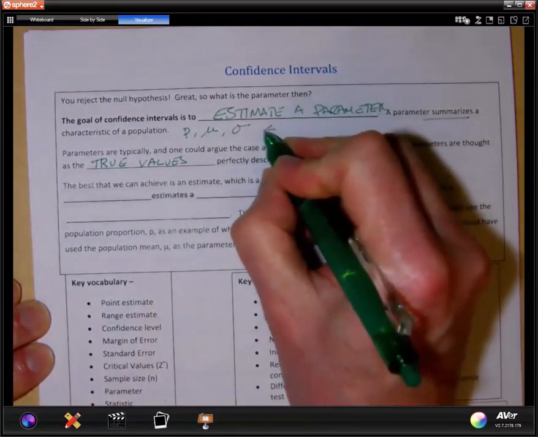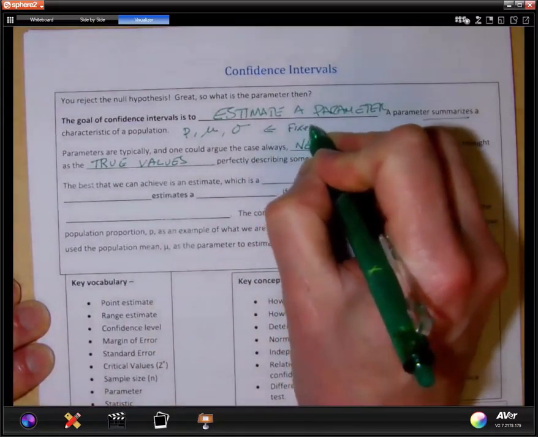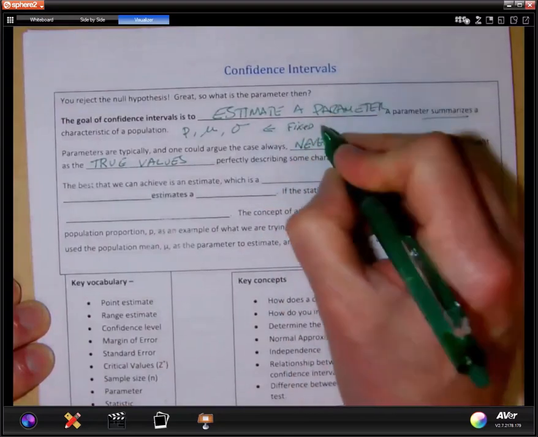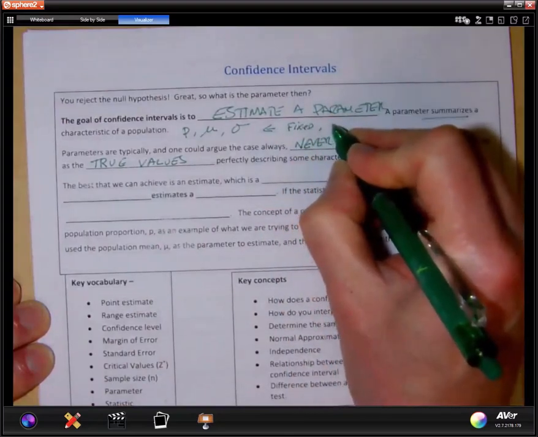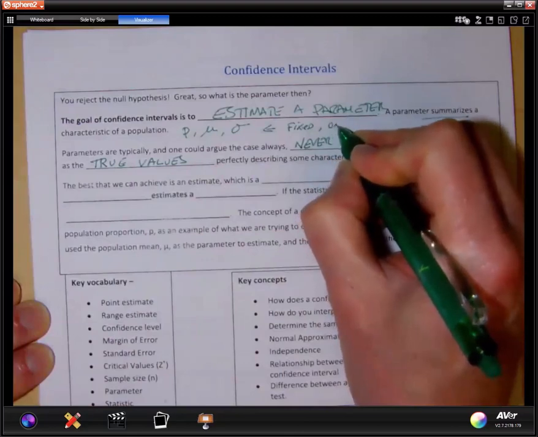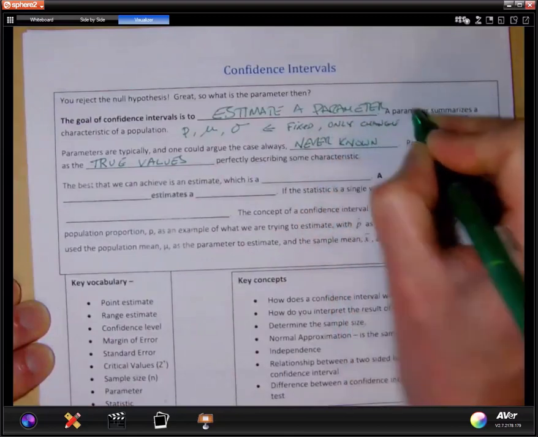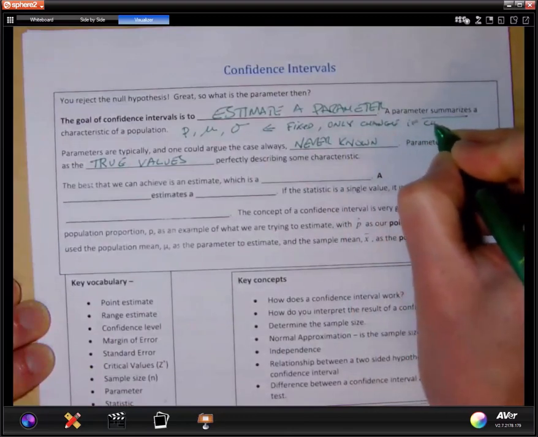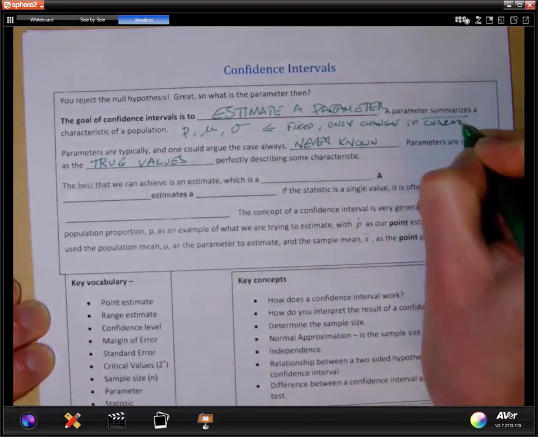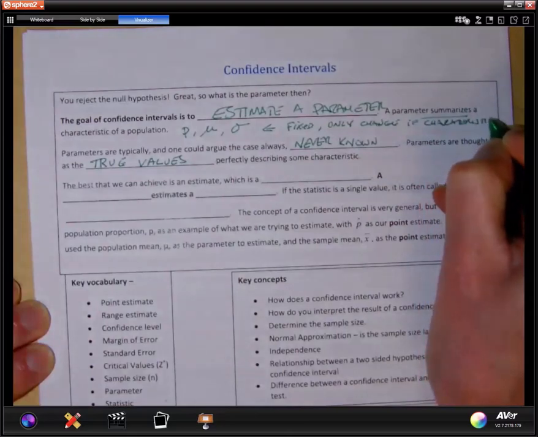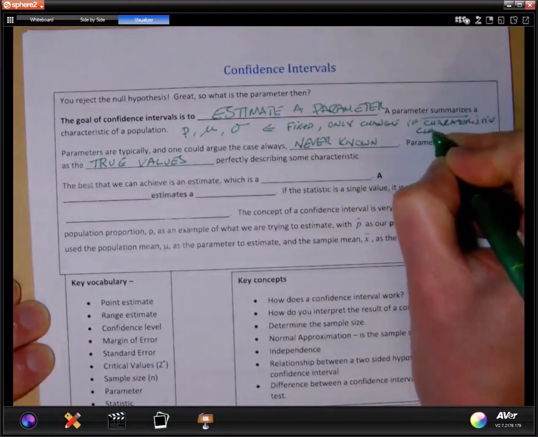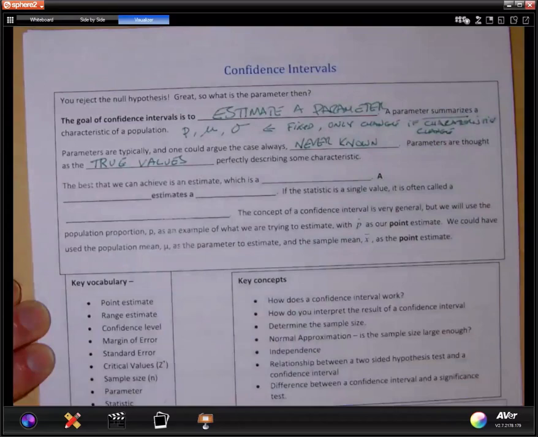Notice these are fixed. They're not moving, and they can only change if characteristics change. That's the only way they can change.